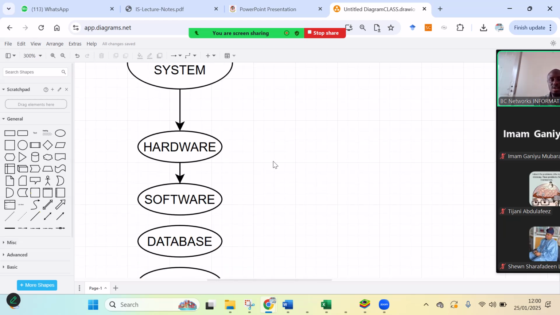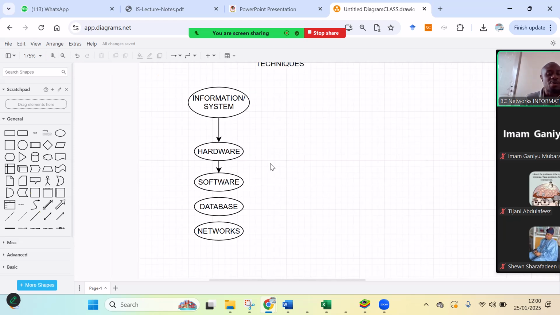By the time you look at this, you realize that all the components of our information systems fall under this criteria.